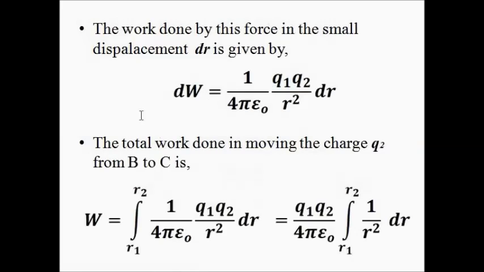So dW is equal to 1 by 4 pi epsilon 0 q1 q2 by r square dr. This whole expression is for F as per Coulomb's law, and then dr is the small amount of displacement.